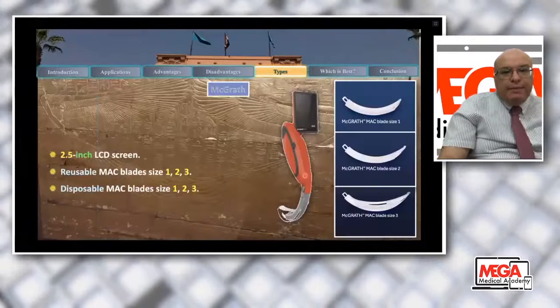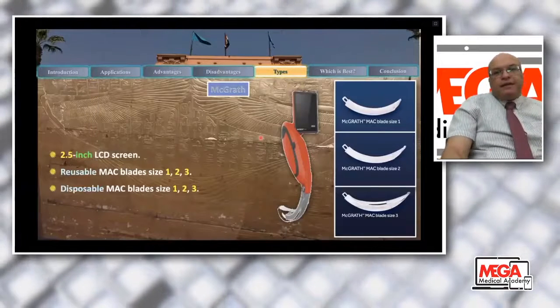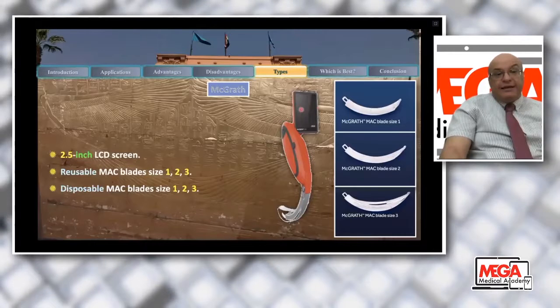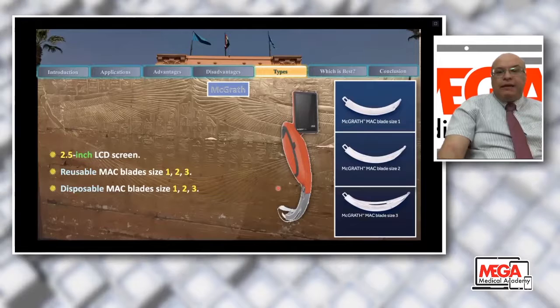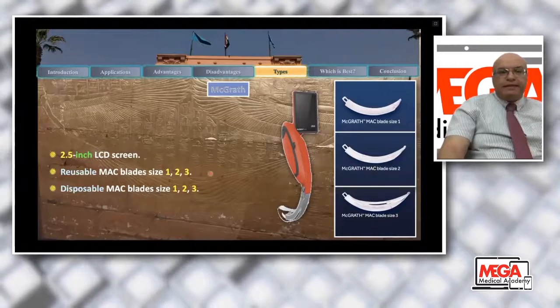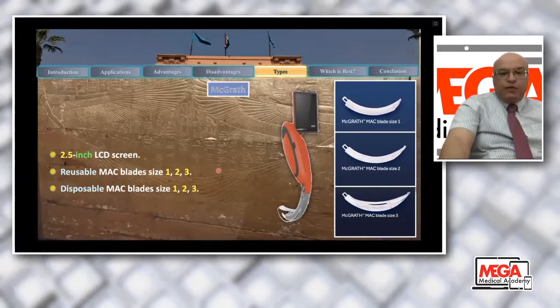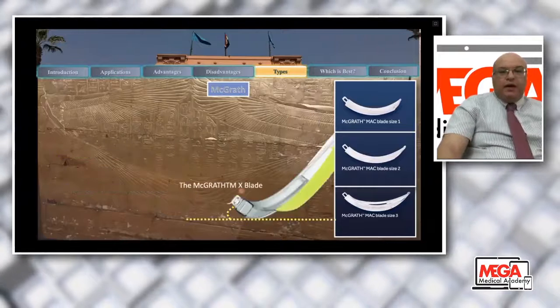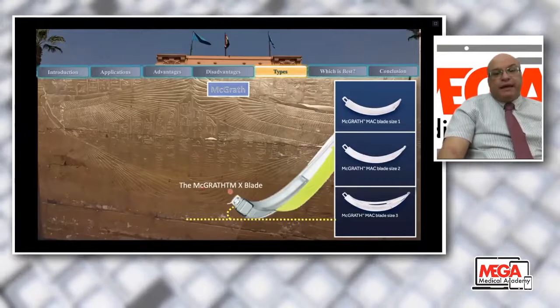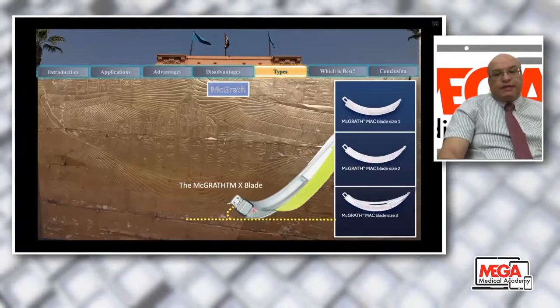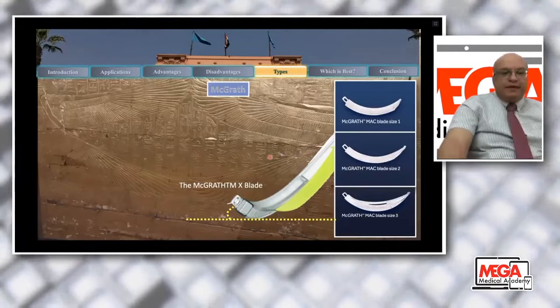McGrath. McGrath is available with a remote screen over the handle. It's 2.5 inch. It is available in reusable and disposable blades, Mac blades, curved blades, sizes 1, 2, and 3. Also recently they introduced the McGrath MX blade, like the D blade of CMAC, with 80 degrees.